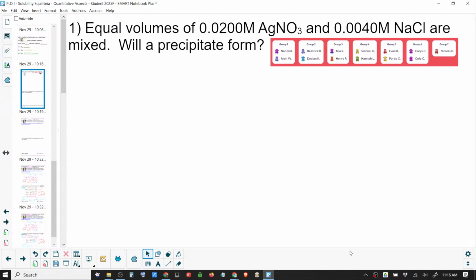Well, which one is our potential precipitate? No plus signs, and KSPs are for net ionic solubility tables.